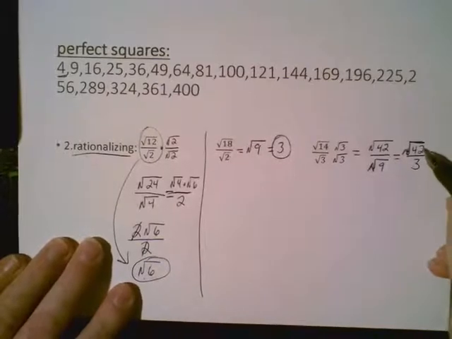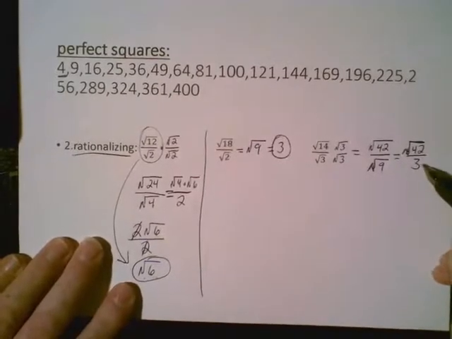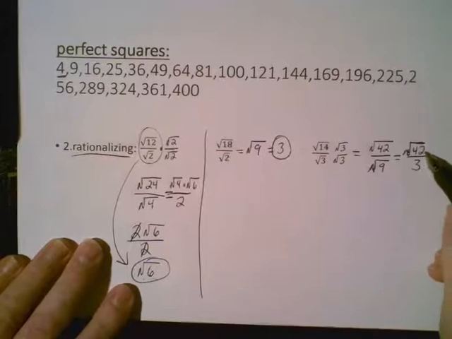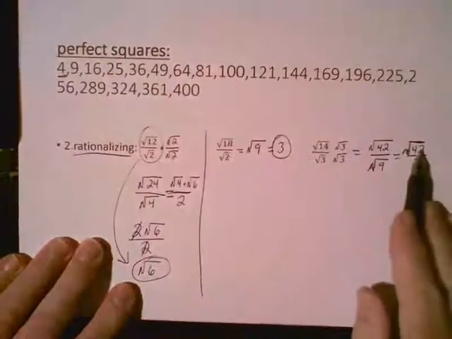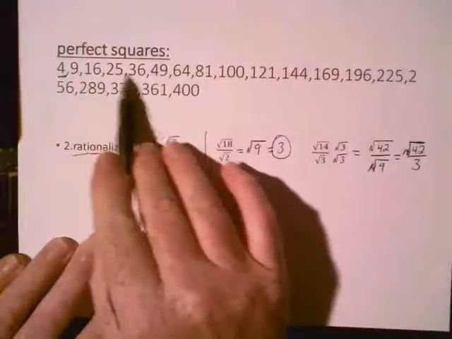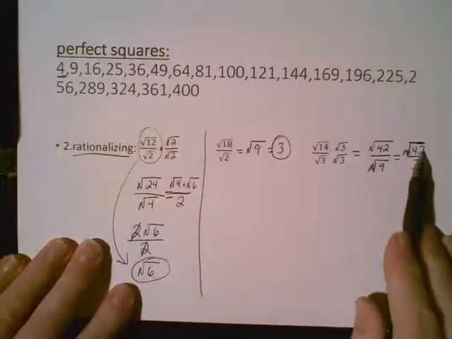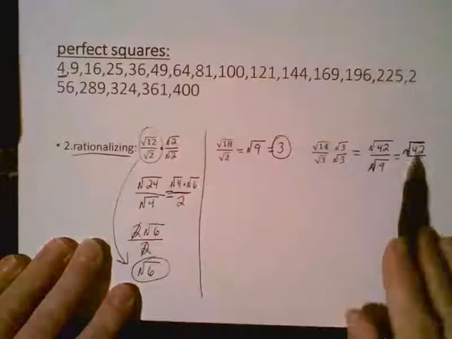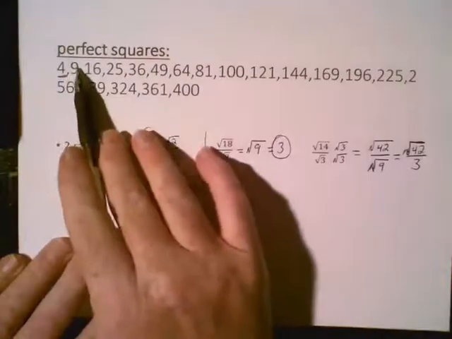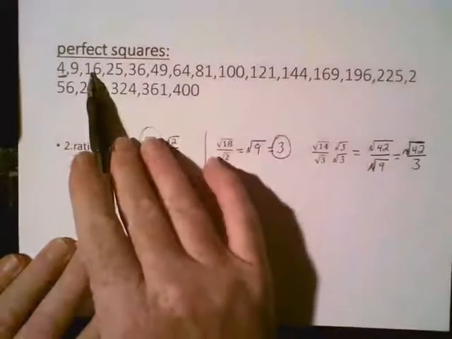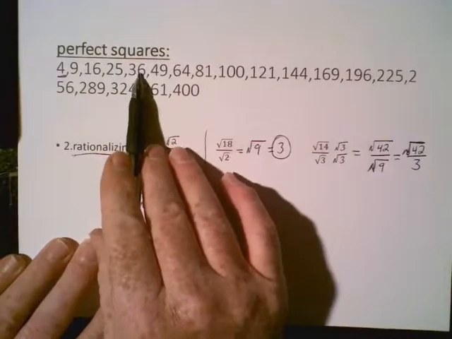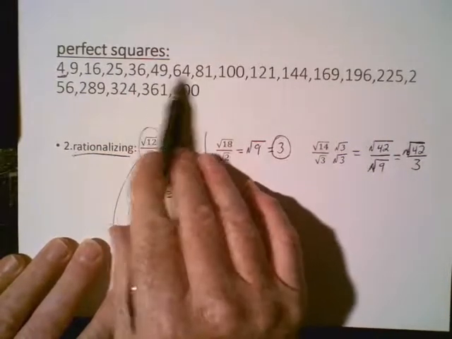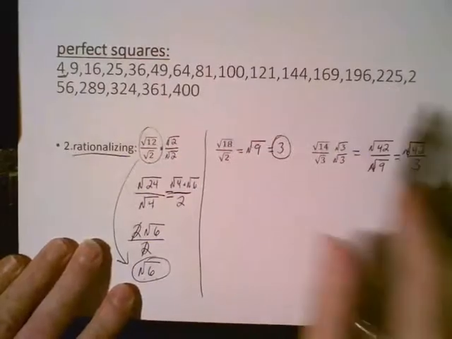You can't divide 3 into 42 and simplify it that way, because one's a regular number, one's a radical. You can go through here and try to figure out if any of these perfect squares will divide evenly into 42. 4 won't go into 42 evenly. 9 won't go into 42 evenly. 16 won't. 25 won't go in there evenly. 36 won't. 49's too big, and anything else is going to be too big.